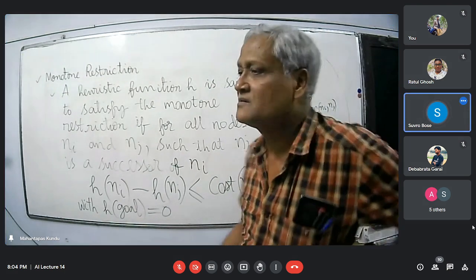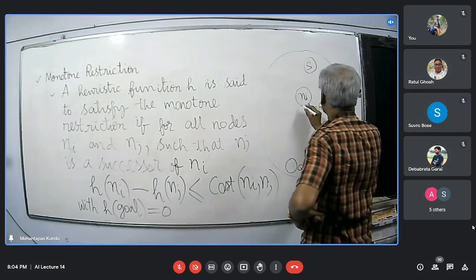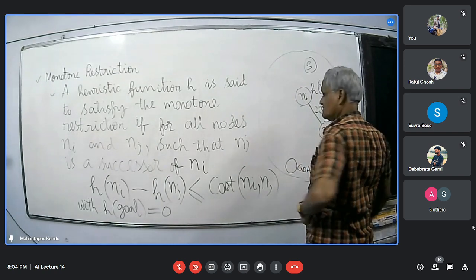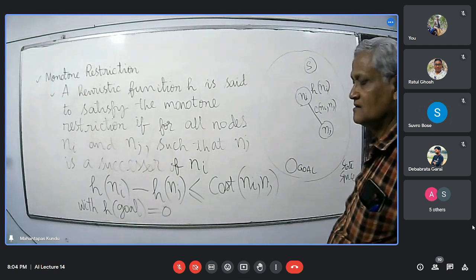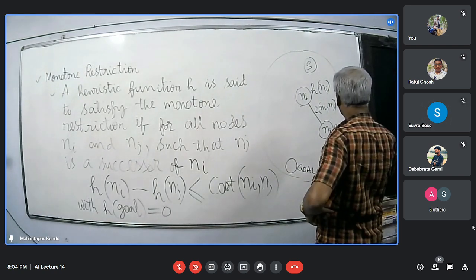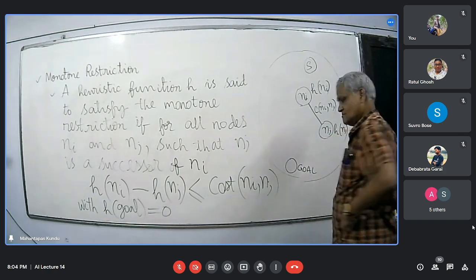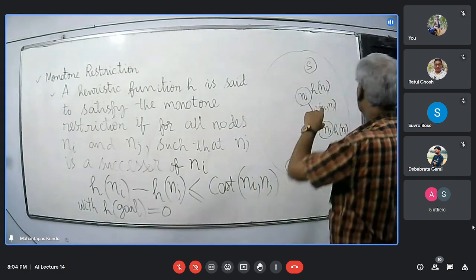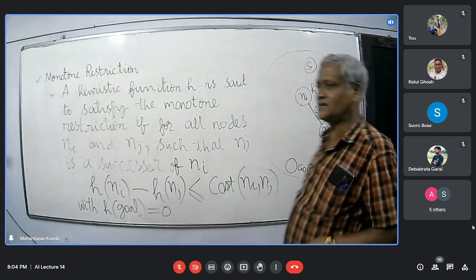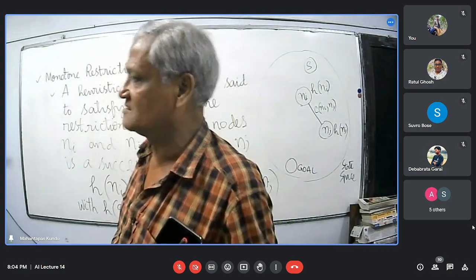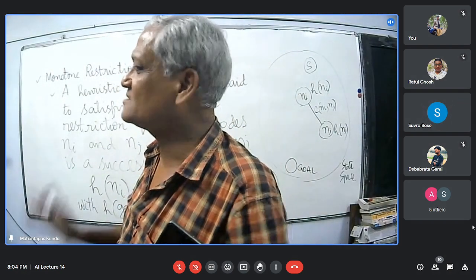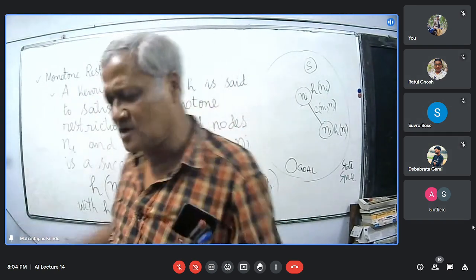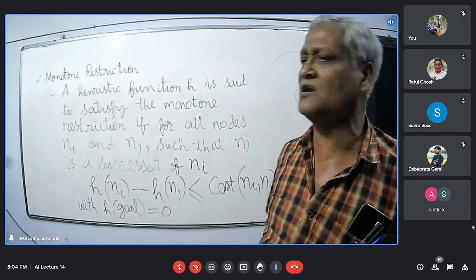Now for this node we can compute a value h(n_i), isn't it? Yes sir. And for this node we can also compute the value h(n_j). Now all these h(n_i) and h(n_j) are simply estimations. Most likely they will not match the actual value.